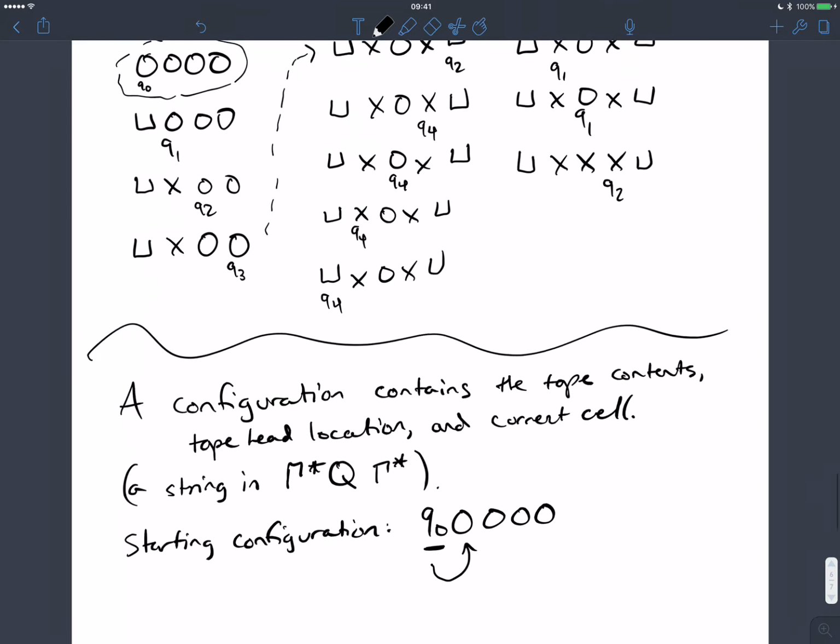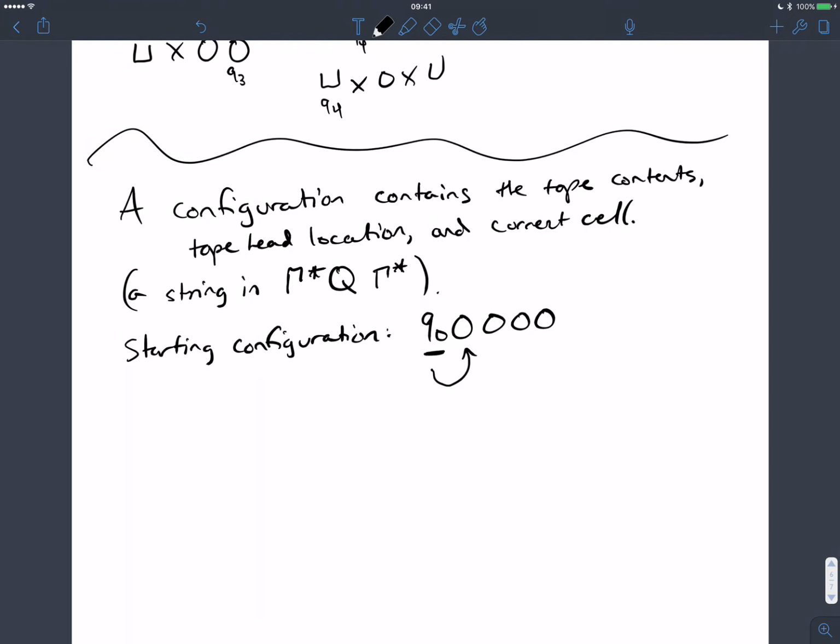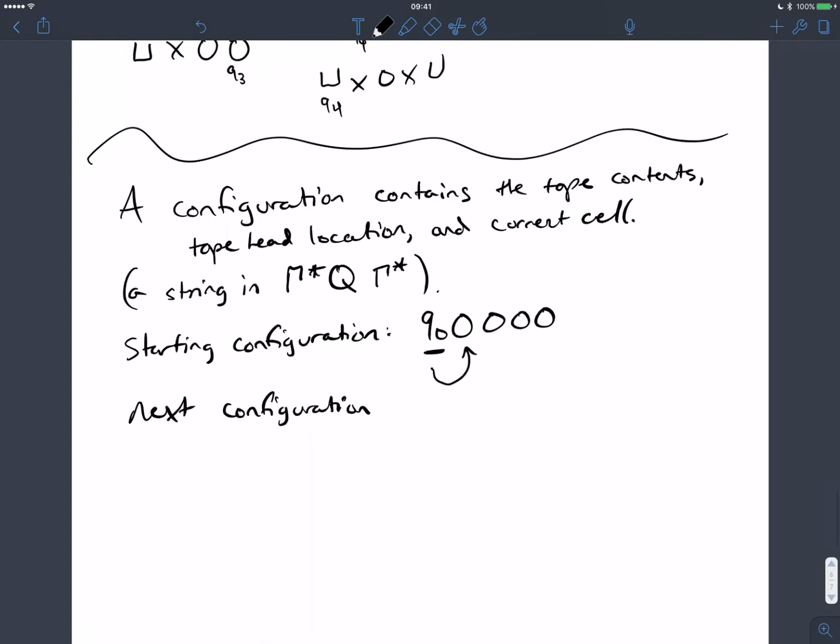But the next configuration said that once we saw that 0, we're going to move right, and first change that 0 to a blank. So the next configuration will be blank Q1 0 0 0.